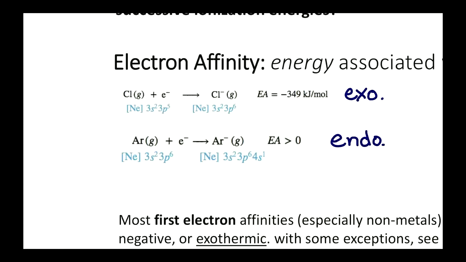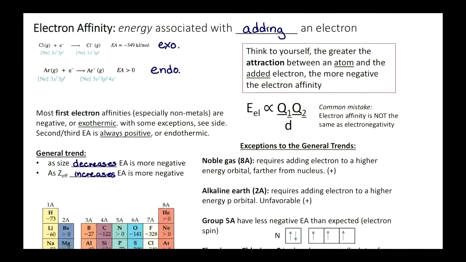So all those valence electrons on chlorine feel a +7 attraction to the nucleus. So think about it. If we add an electron to that same valence shell, doesn't that added electron also feel a +7 attraction? So that's where this exothermic energy is coming from: this electron is actually attracted to the nucleus because of Z effective.